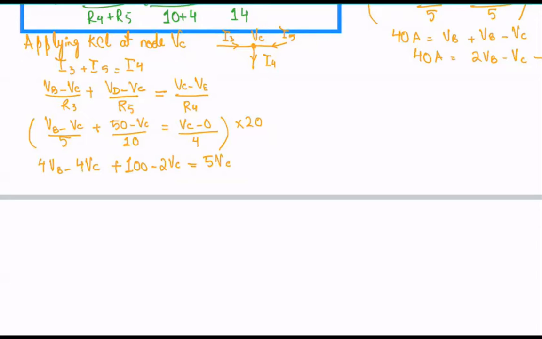Okay, let's now rearrange the equation here.